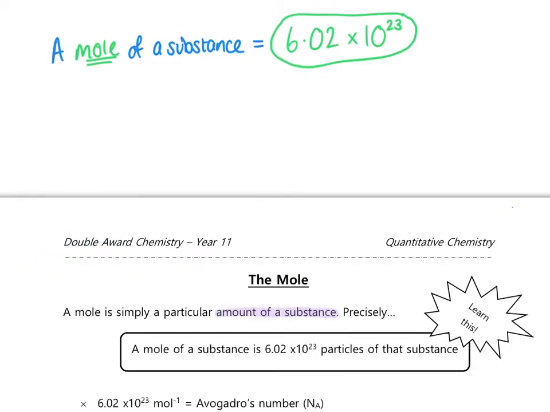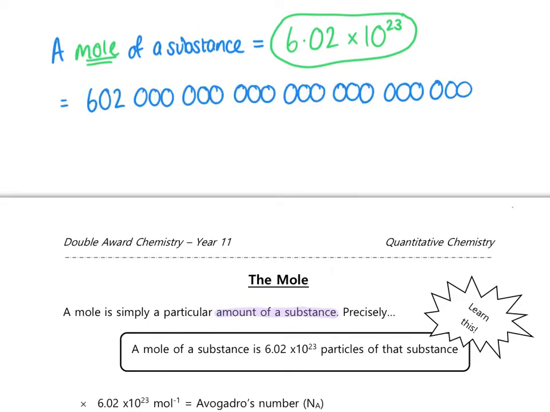So what does that number actually represent? Well, maybe you haven't done standard form yet, in which case I'll write this out as a real number. So 6.02 times 10 to the 23 means this. That's the number it represents. In words, I don't really know what that number is, whether it's billions, trillions, bazillions, I don't know. But I know that it's a mole of a substance.